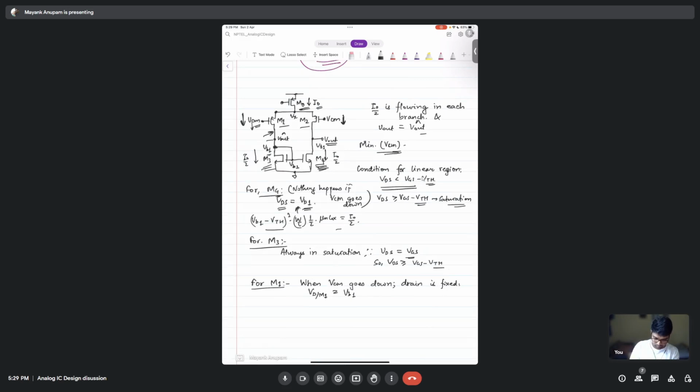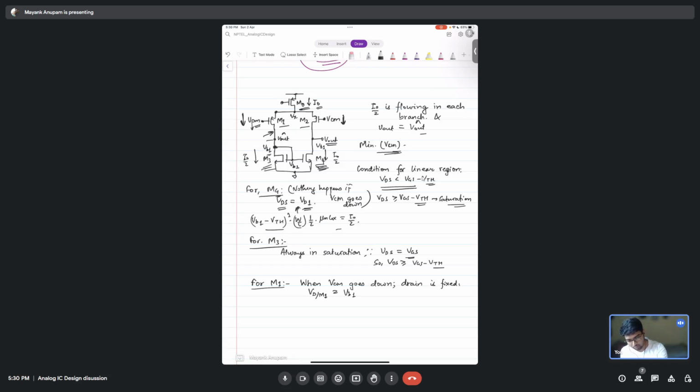Gate voltage is reducing, sir. VGS will get reduced, sir. Why should VGS reduce? Other people who are in this meeting, please participate. What happens if VCM goes down?